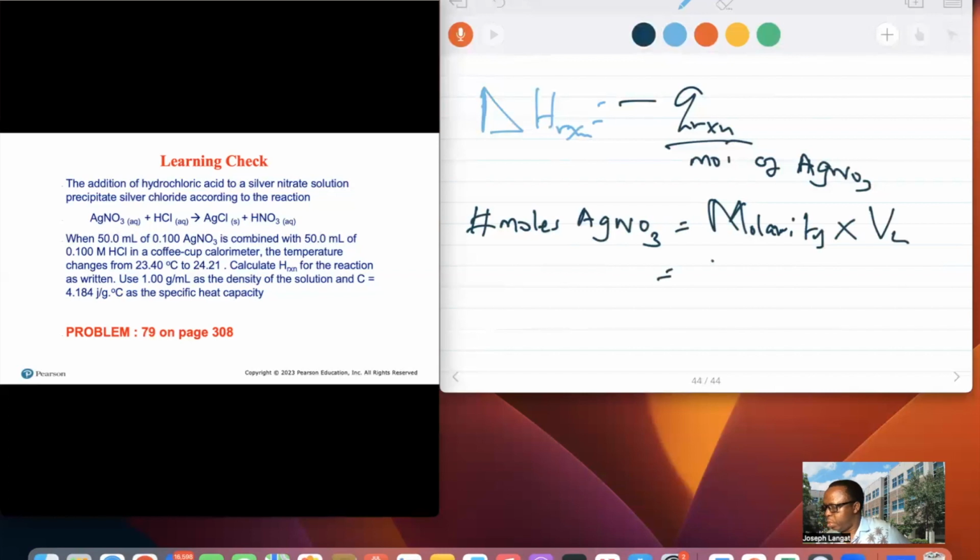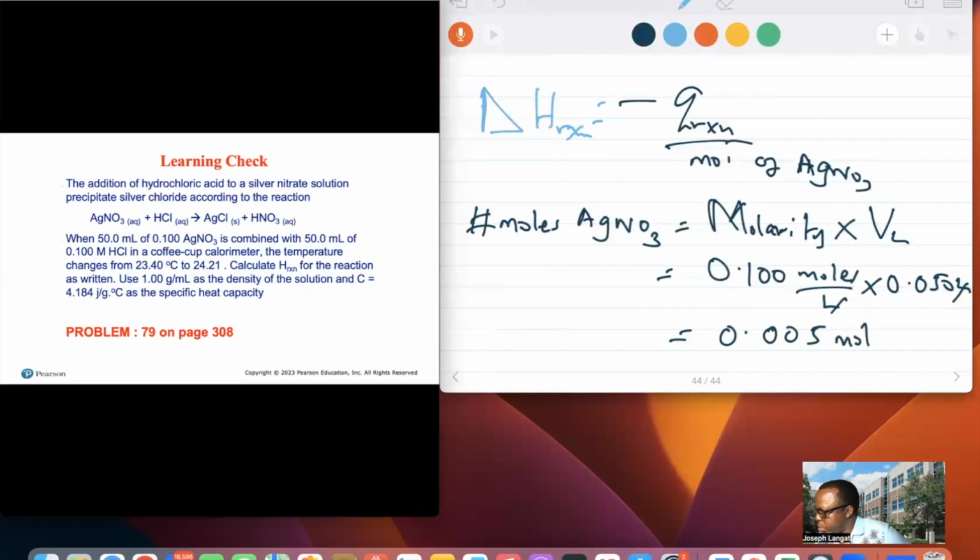It is 0.100 times 0.050, which is 0.005 moles of silver nitrate.